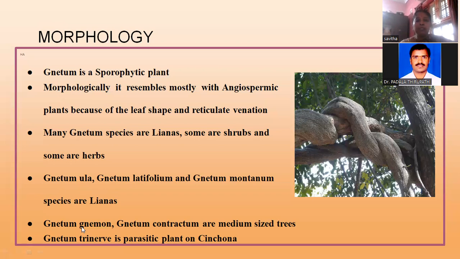They appear as dicot trees only. Gnetum tenerum is a parasitic plant on cinchona. This is a very important character for your competitive examinations. This is about the morphology, the habitat of the plant.